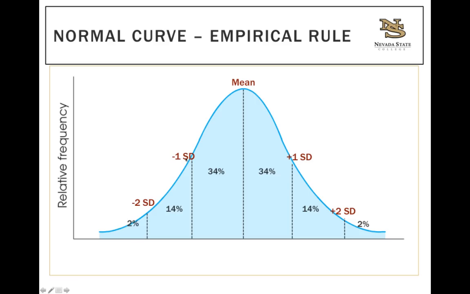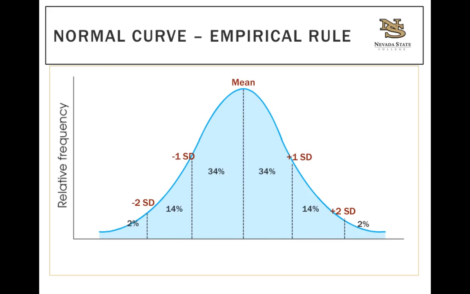I'm just saying that 1 standard deviation below our mean, whatever that happens to be, will include 34% of that sample or population. And as we get further away, we have fewer and fewer people out to the extremes. So on this distribution, only 2% of our population will be more than 2 standard deviations away from the mean.